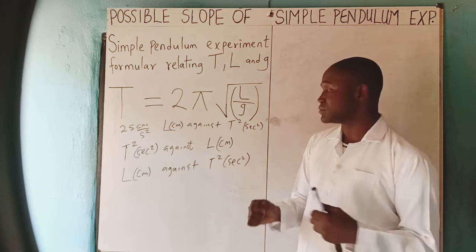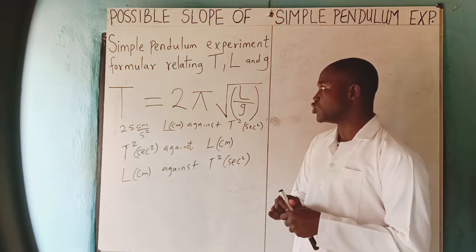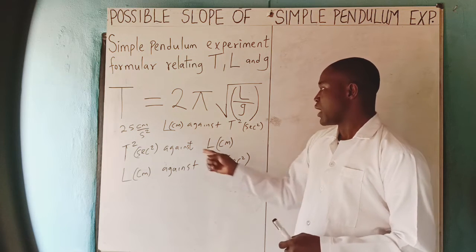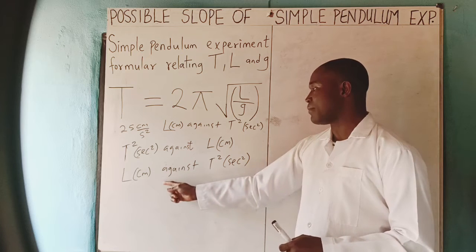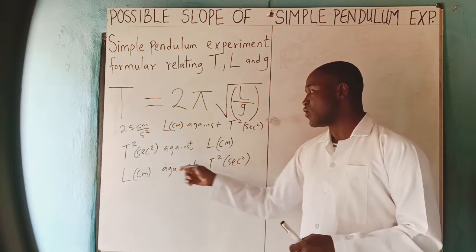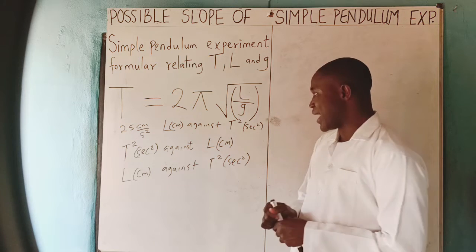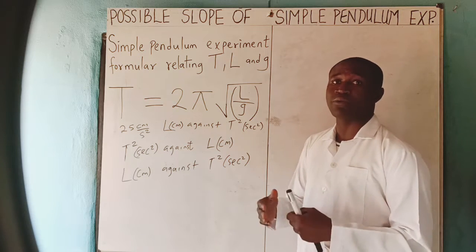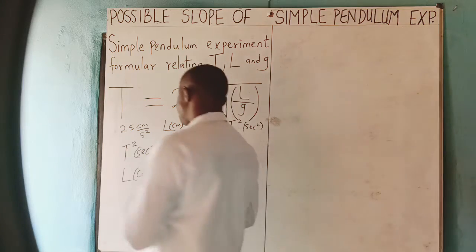Whichever one, that will determine what you have to do to this equation you have. Now let's go. I want to talk about T squared against L. Afterwards, I will talk about if I'm asked to plot L against T squared and see how the slope will look like. After getting the slope, we'll be able to deduce our G as well. Let's see. Okay.